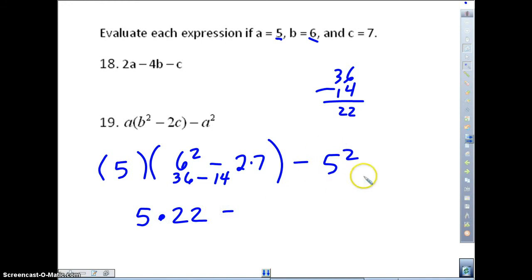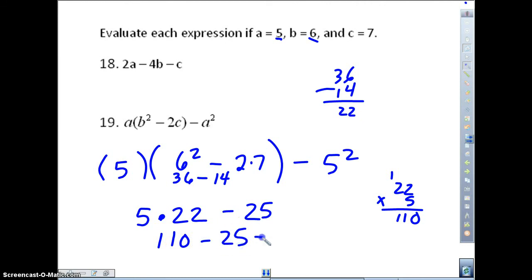Subtract, okay, let's do 5 squared. What's 5 squared? 5 times 5 is 25. We're going to multiply before we subtract. Take 22, multiply by 5. What do you get? And then we're going to subtract 25. That's the last step. You do that. I'm not going to do it for you. I'm getting tired here.